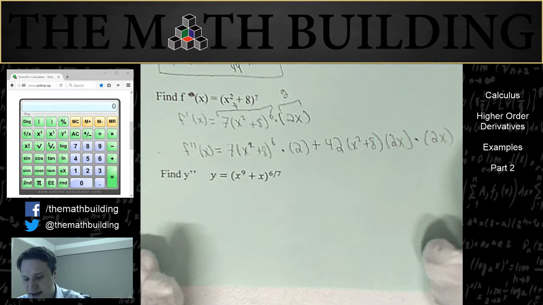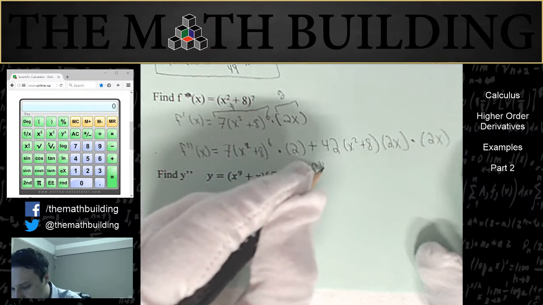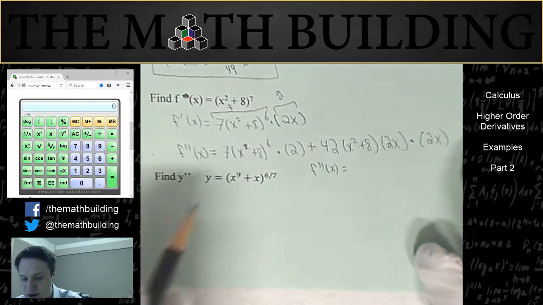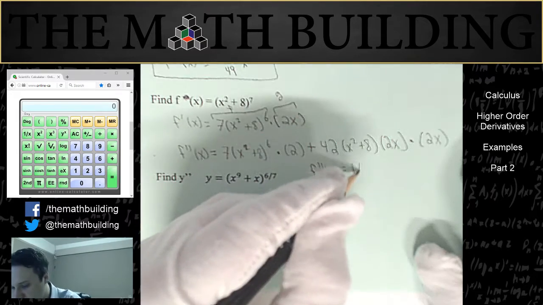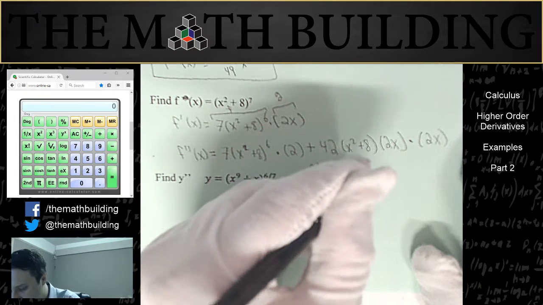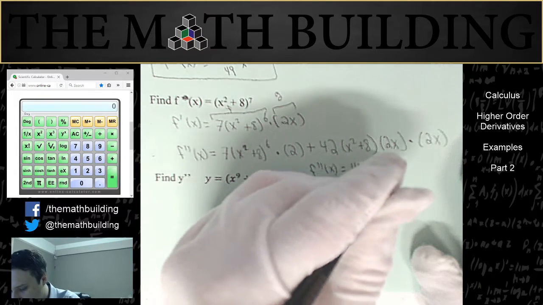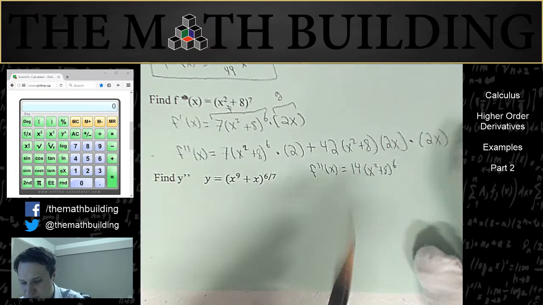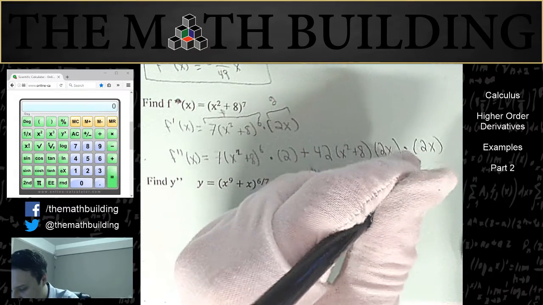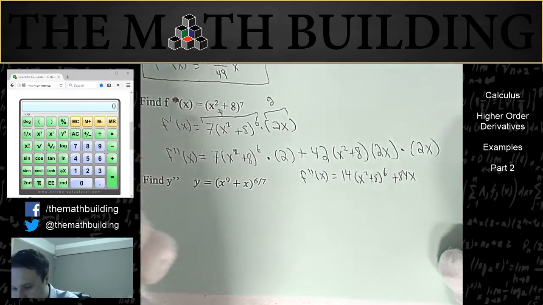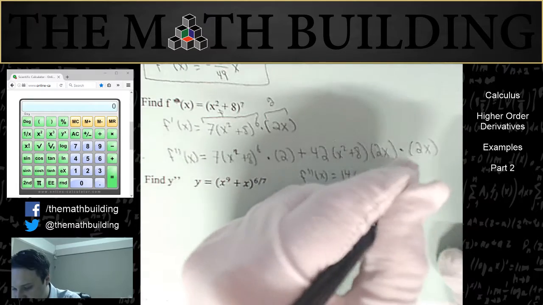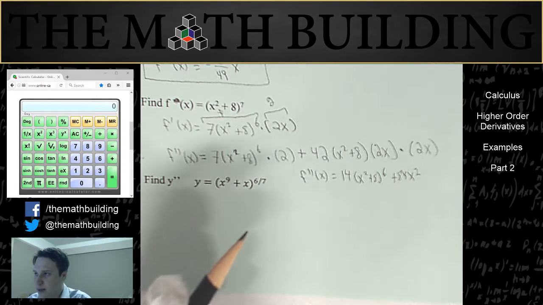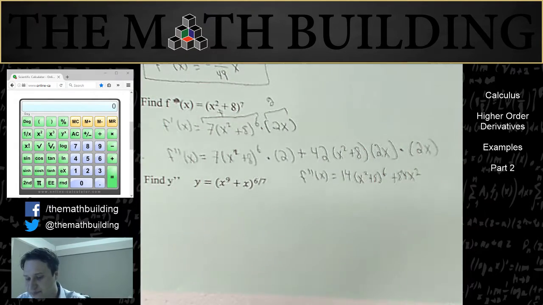So we could simplify that a little bit, but I'm not going to go crazy. 2 times 7 is 14, x squared plus 8 to the 6. And then 42 times 2x would be 84x. In fact, that would be x squared, and I have another 2 I can multiply it by, so that would be 128 x squared.